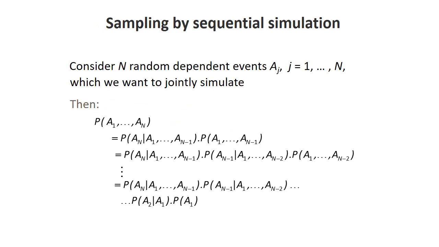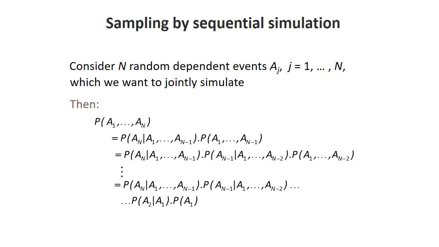So the method is called sequential simulation, simply because what we rely on is the decomposition of the multivariate distribution, because after all, our grid is a set of unobserved locations that are unknown, so it's a multivariate distribution just as before. But we can decompose this multivariate distribution into a series of individual distributions.